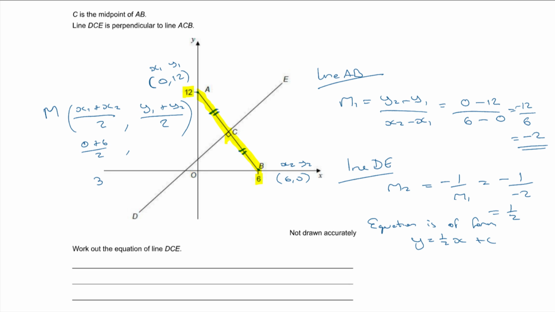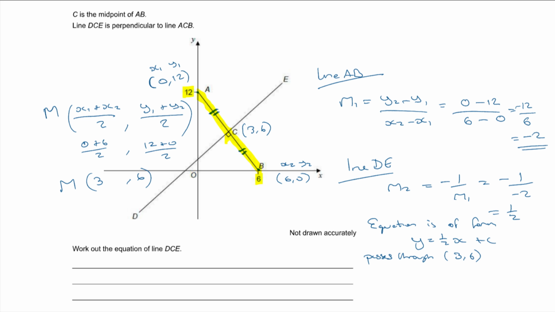And the y coordinates are 0 and 12, and that averages out to 6. So the midpoint of my line is going to be 3, 6. So that's the point C, isn't it? Right, so I know then that the line passes through 3, 6.